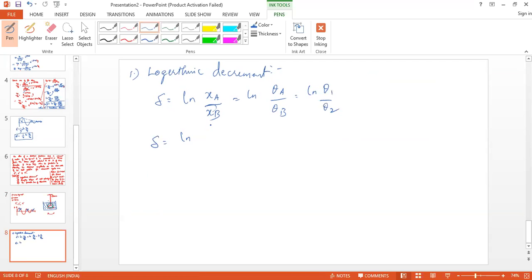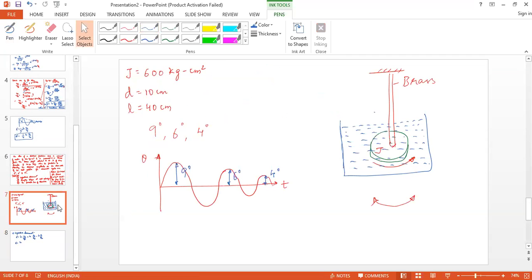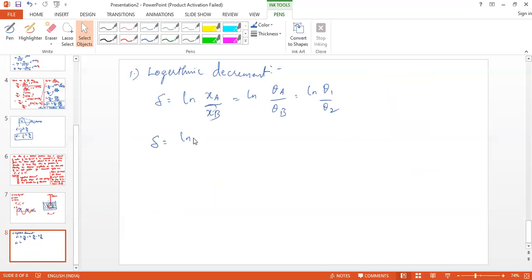Theta 1 is 9 degree. Theta 2 is 6 degree. So ln of 9 by 6, that is the logarithmic decrement. So what is ln of 9 by 6? 0.405, sir.